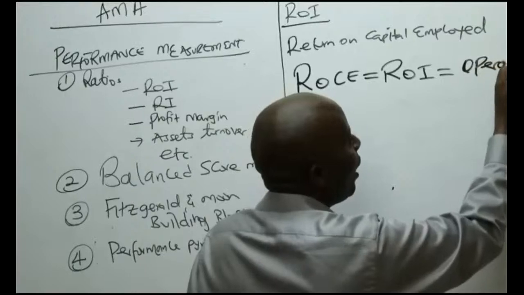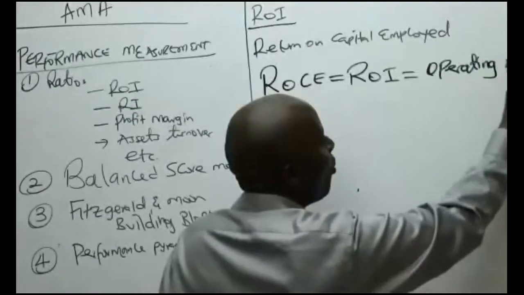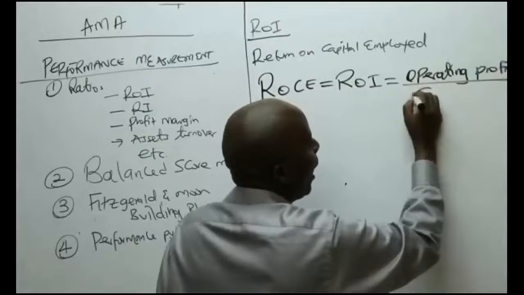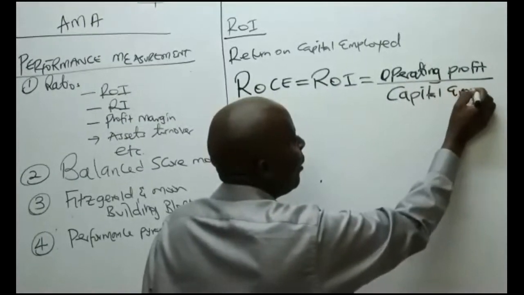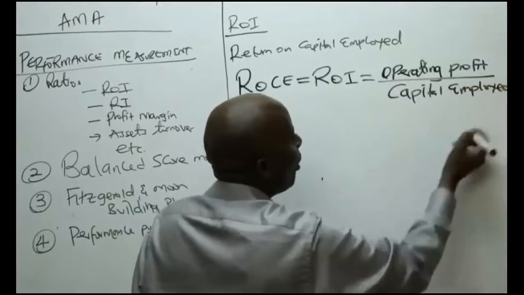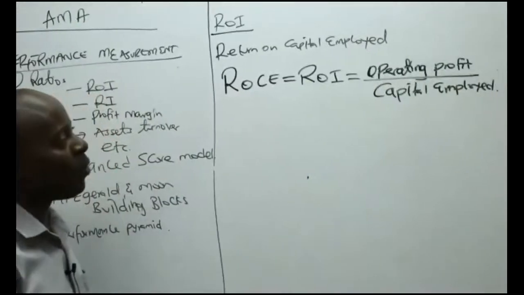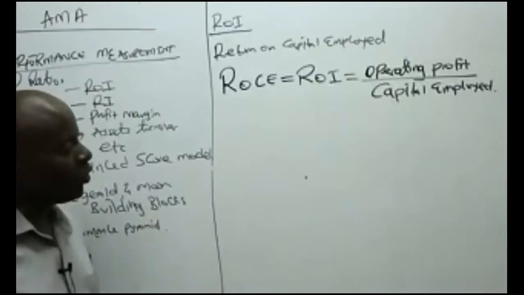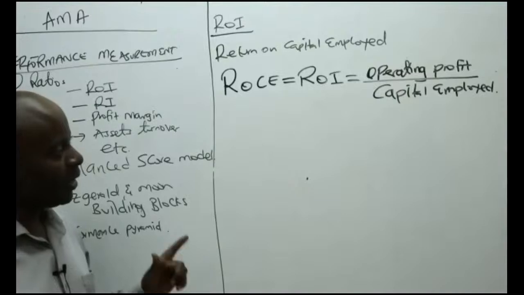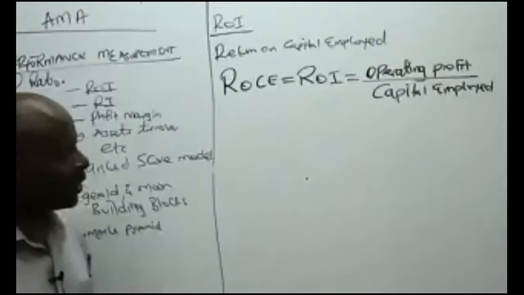So here we have the operating profit divided by the capital employed.